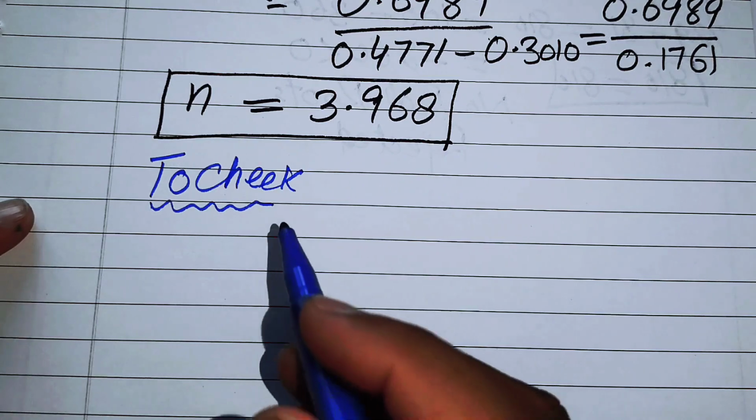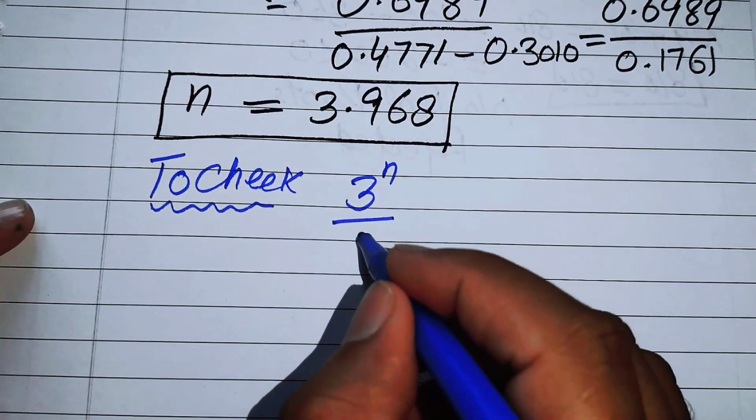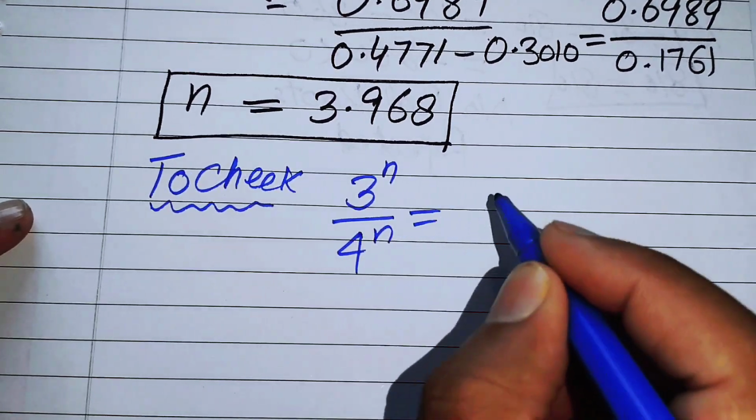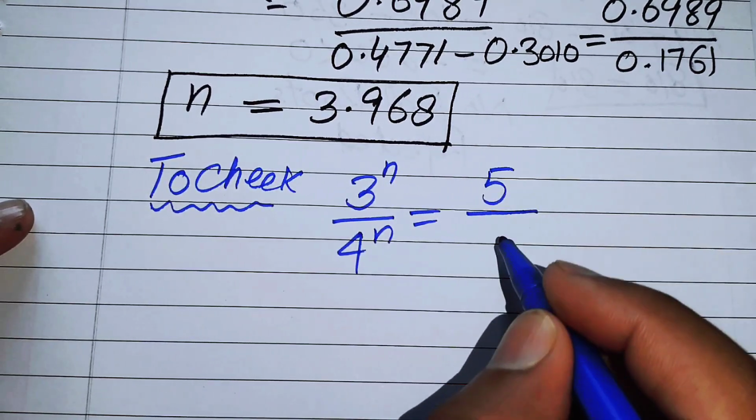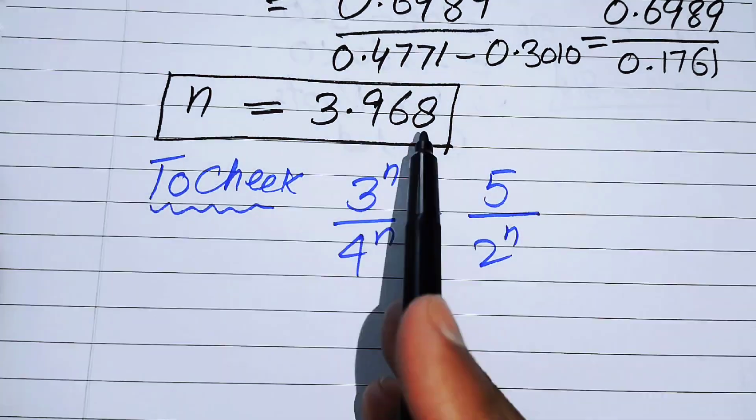In order to check, I can rewrite the given equation as 3 to the power of n over 4 to the power of n is equal to 5 over 2 to the power of n. And here we have the value of n is 3.968.